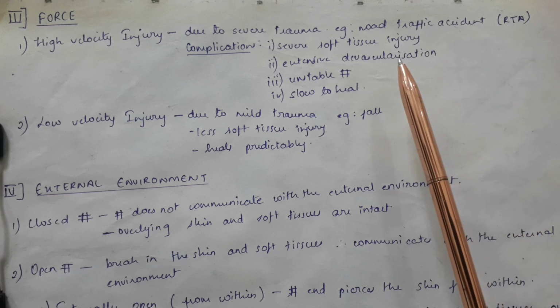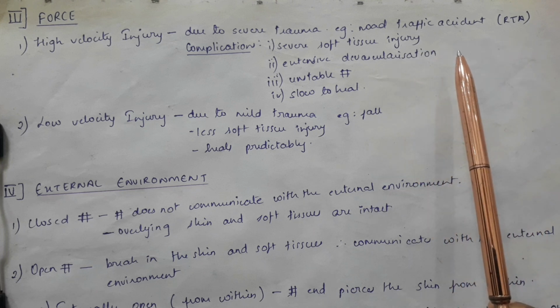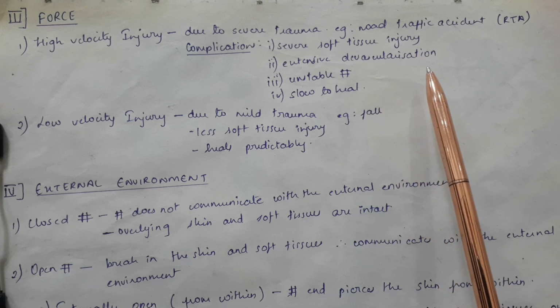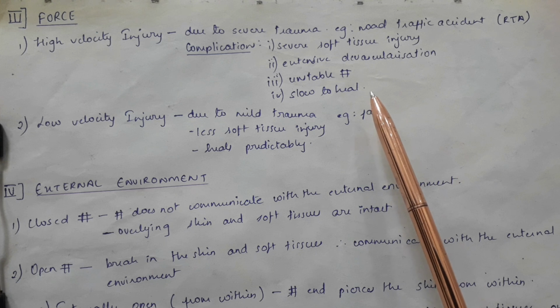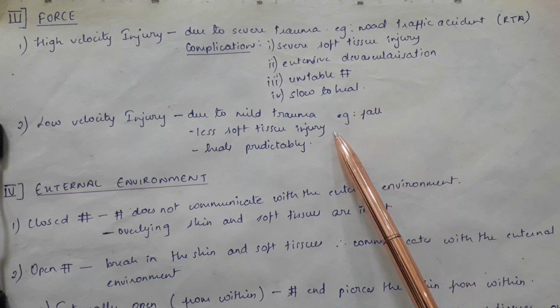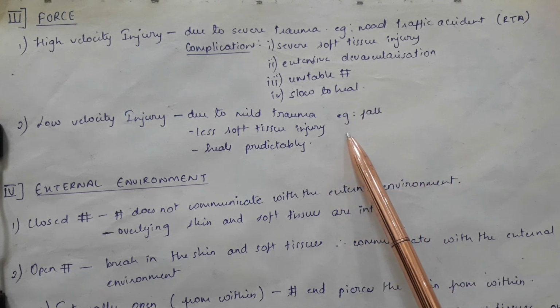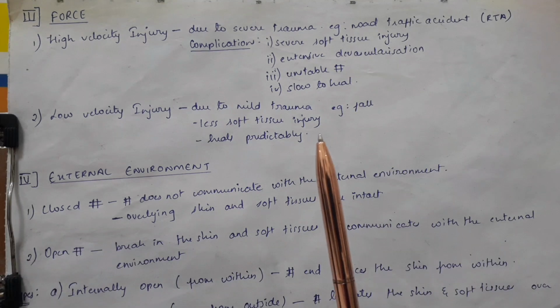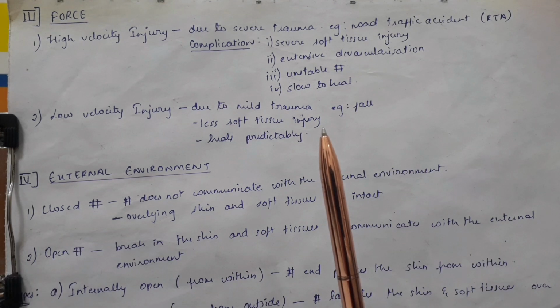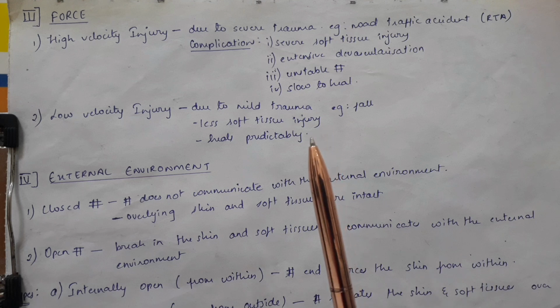Complications: it can result in severe soft tissue injury, extensive devascularization, unstable fracture, and it is slow to heal. Low velocity injury occurs due to mild trauma, for example, a fall. In low velocity injury, there is less soft tissue injury and the injury heals predictably.